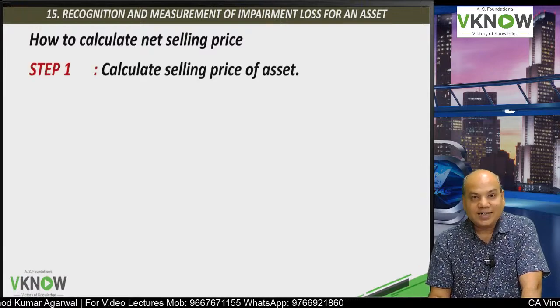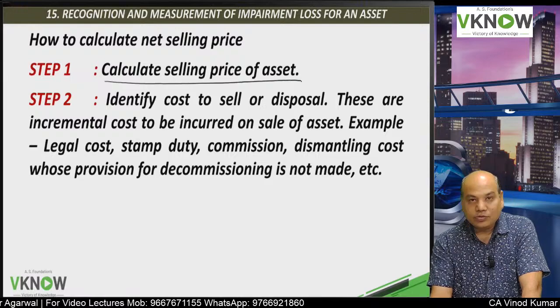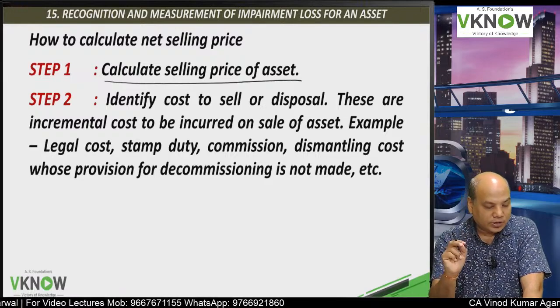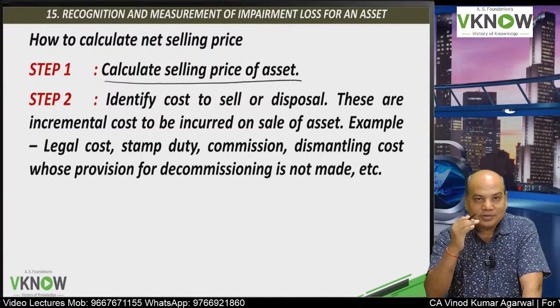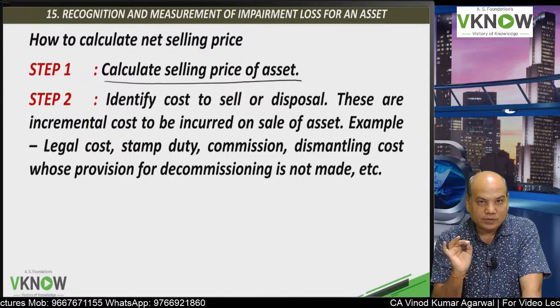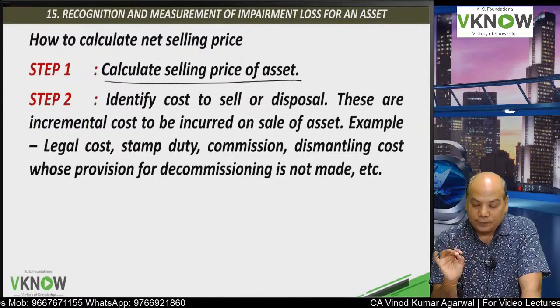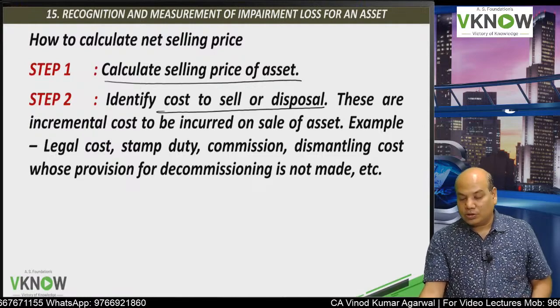How to compute net selling price? Find out the selling price of the asset, which I have told you on the first page of this chapter. I am not going into detail again. There are first preference, second preference, third preference. Refer to the first page of the chapter, and from that you deduct the cost of sale or disposal.